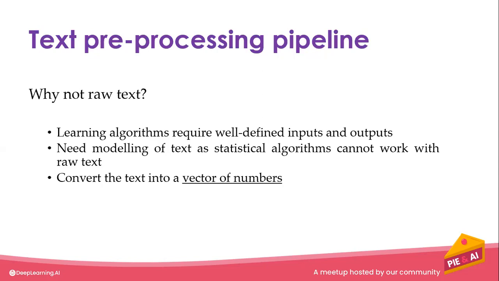All of the words in an SMS text, each of those words will be converted into a number. And in that way, we are going to represent a sentence. We need this modeling of text because machine learning algorithms will not be able to work with simple raw text.